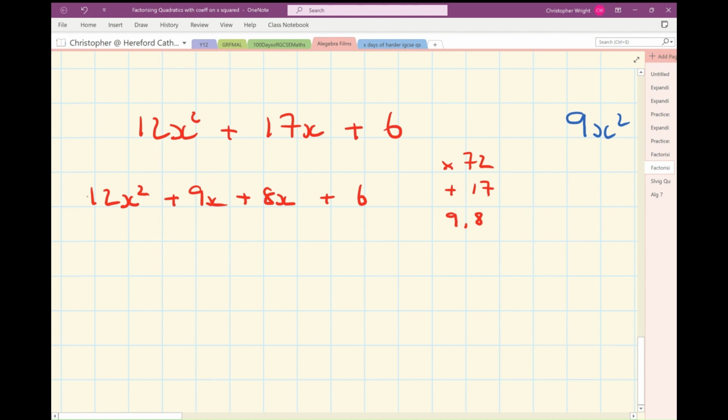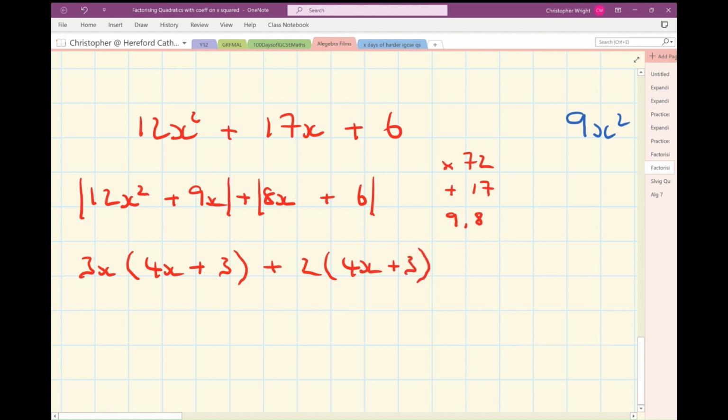Now I'm going to treat this as two halves, and I'm going to factorize each part of that. So my 12x squared plus 9x, I can take 3x out of that, leaves me with 4x plus 3. And my second expression there, if I were to factorize that, I'd take 2 out of it, which leaves me with 4x plus 3.